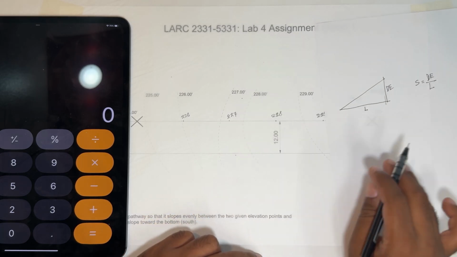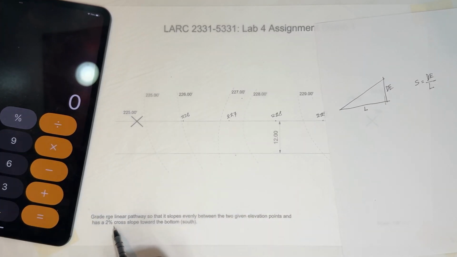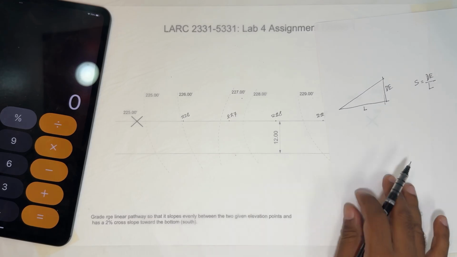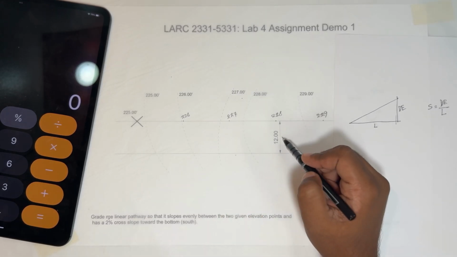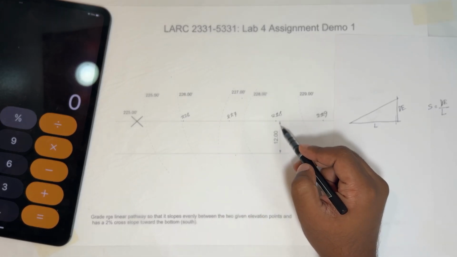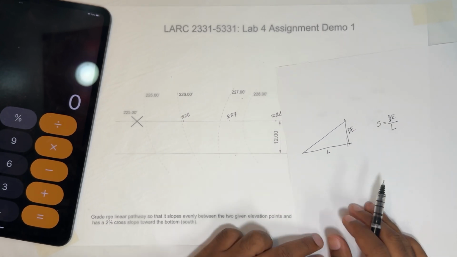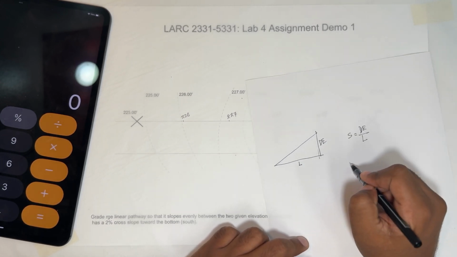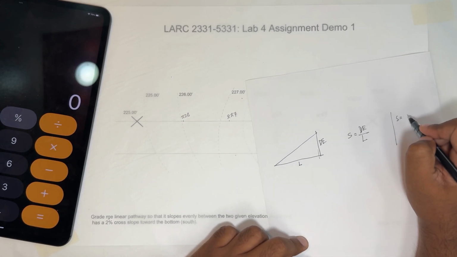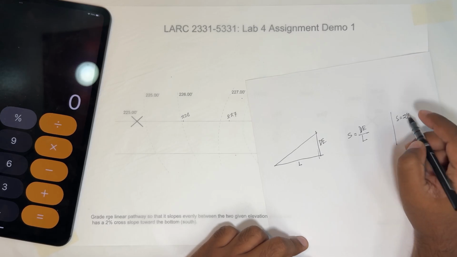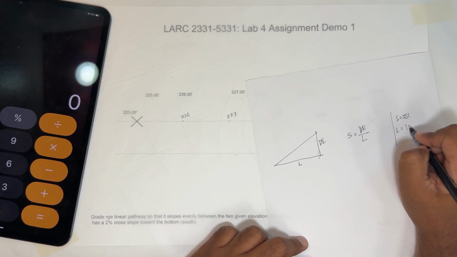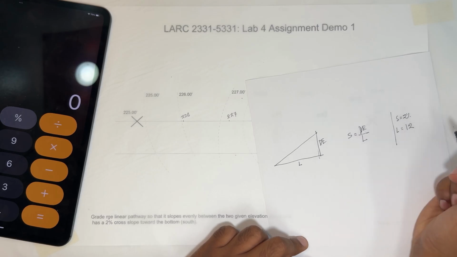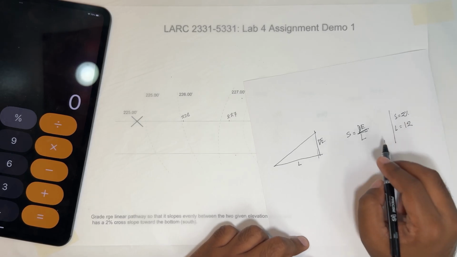So let's look at this. We have a 2% cross slope towards the bottom. We also know L, the width of the road, is 12 feet. So slope equals 2%, L equals 12 feet, and we don't know the dE. Let's calculate the dE first.